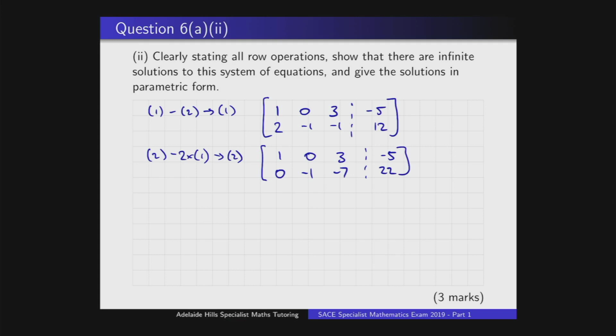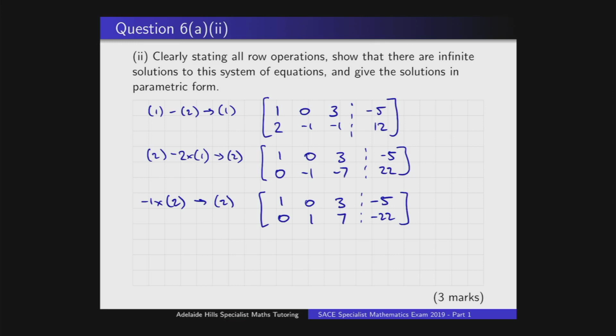Okay, and so we're almost there. We've got a minus 1 where we want to have a plus 1 in the second entry of the second row. So we take minus 1 times the second row and put that in the second row. The first row stays like this, the second row just changes sign. Now we've got it in reduced row echelon form, and we can see we're not going to have a unique solution here because we've got fewer rows than we have unknowns.